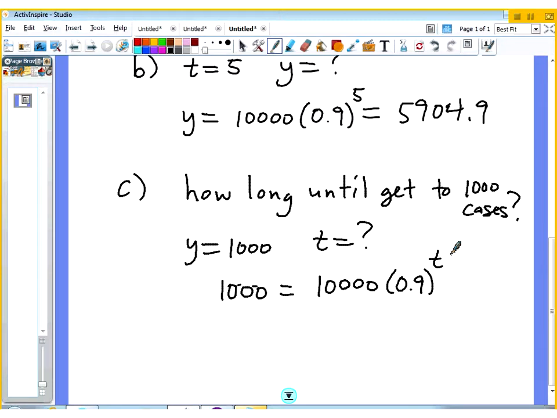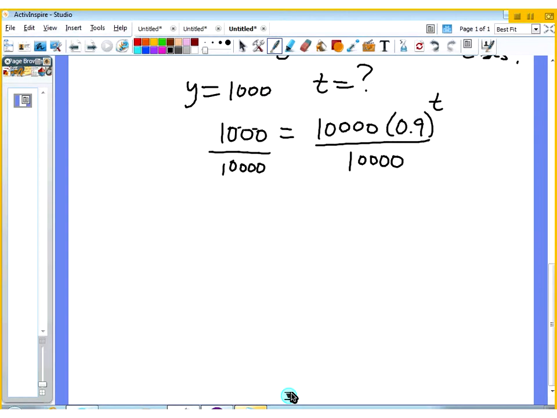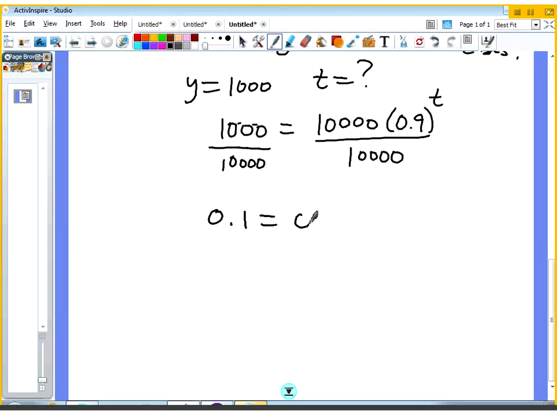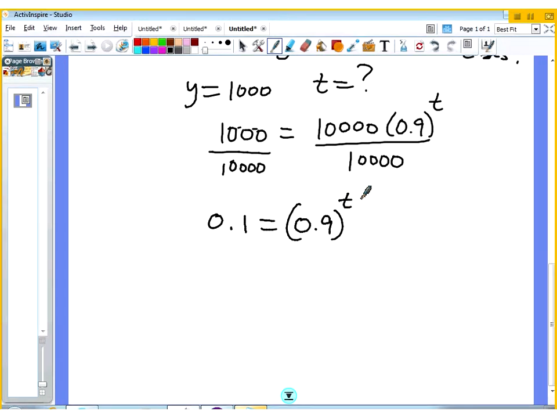You can just start plugging in values and seeing what you get, but really if you divide both sides by 10,000, it's the same as 0.1 equals 0.9 to the t.